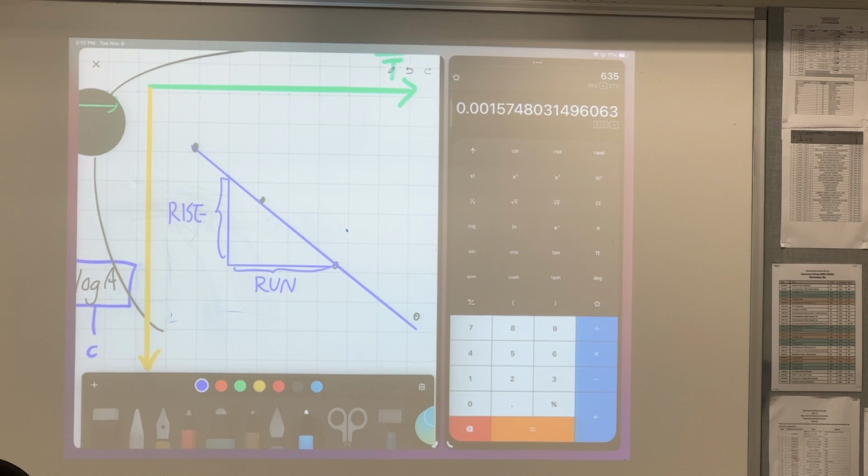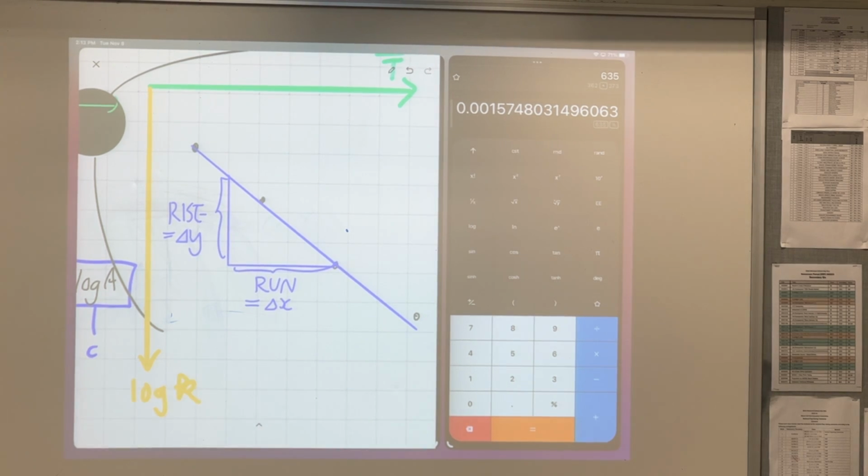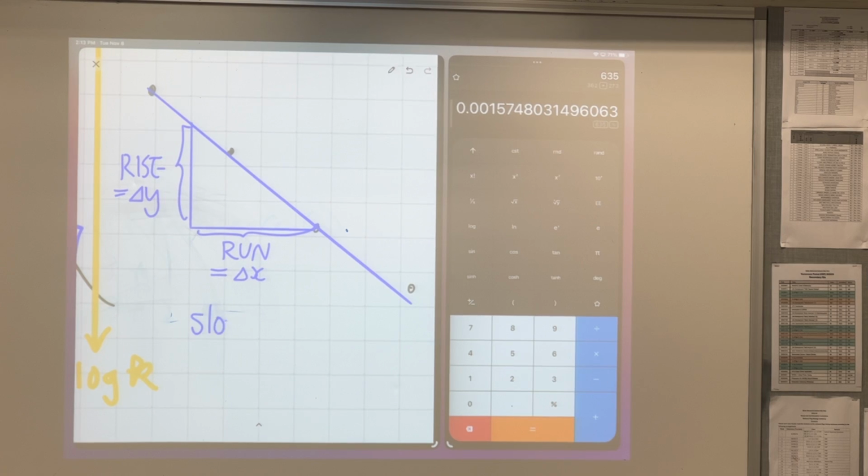Okay, so rise is dy, run is dx. So the slope, or the gradient, will be equal to change in y over change in x. But note that this is a negative slope, because it points this way. Positive slope looks like this, negative slope looks like this, so this should have a negative value.